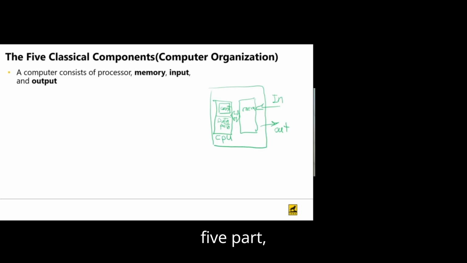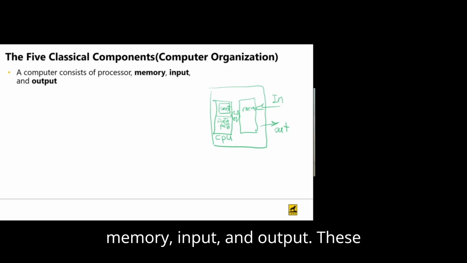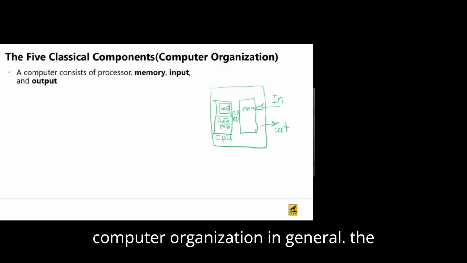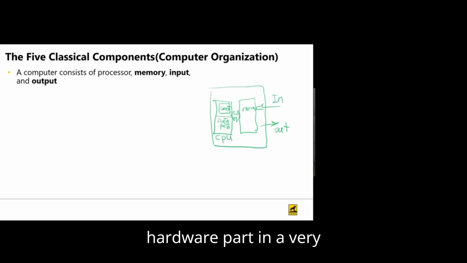So we have five parts: control, data path, memory, input, and output. These five components make up a computer organization in general, the hardware part, at a very high level.